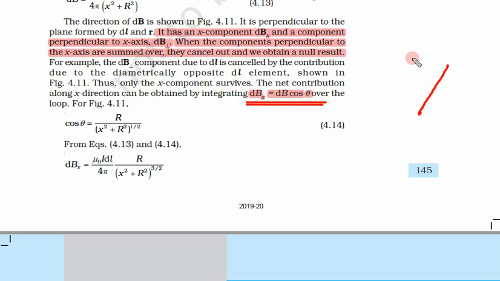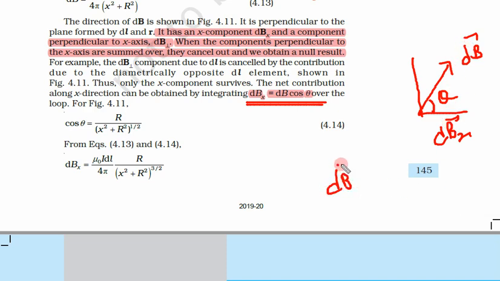So we had this kind of structure. So this was dB and this angle was theta. So this was dBx. Now we always know if it is dB, so what would be dBx? dBx would be dB cos theta. dBx is equal to dB cos theta.